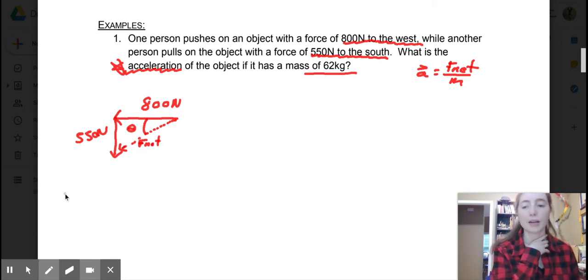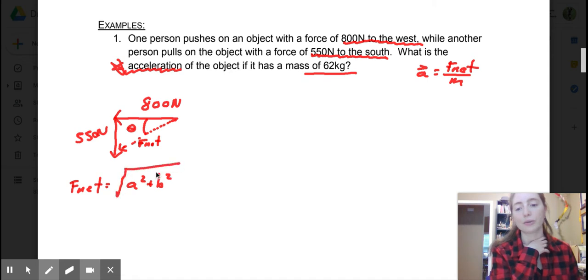My F net is my hypotenuse. So I'm going to use Pythagorean theorem to solve for this. Once again, I assume that by the time you get to Physics 20 you can rearrange Pythagorean theorem without showing me how you did it. You still have to write out your equation even if you've pre-rearranged it.